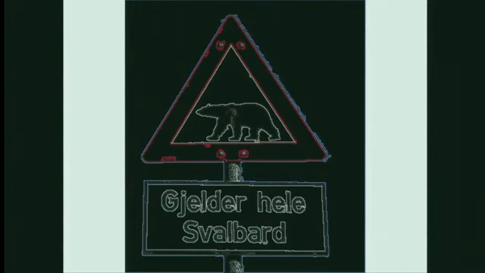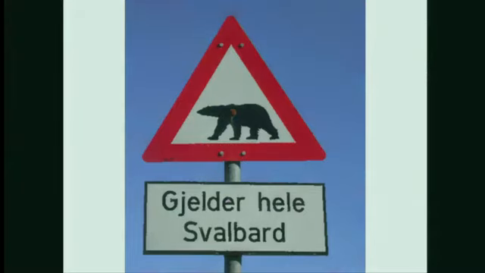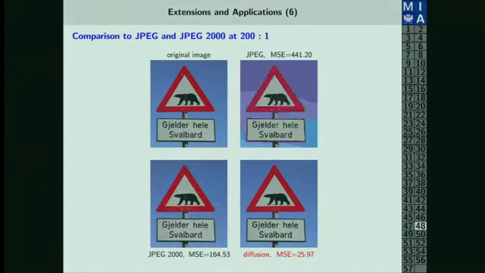You can also sample them there because they're varying very slowly, and you can also entropy code them in an efficient way. And then you come up with something which is really competitive, because this is the result at a compression rate of 200 to 1. Using homogeneous diffusion, not even anisotropic one. How does this compare to the usual candidates?